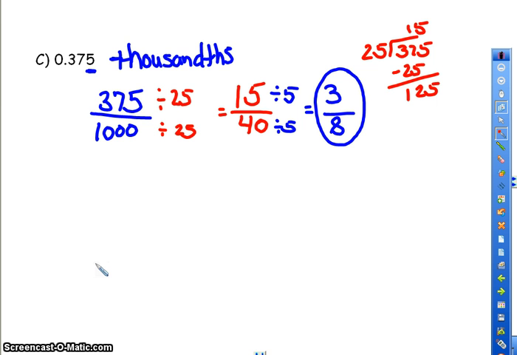So once again, 375 thousandths is written as 375 over 1,000. And then don't forget to simplify your answers. If you get stuck, start making those tree diagrams to find a factor that they have in common so you can begin dividing. Thanks for watching. If you have any questions, make sure you ask Mr. Kohlinger and I tomorrow. Thanks.